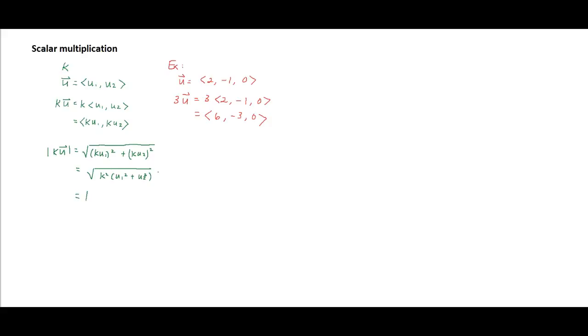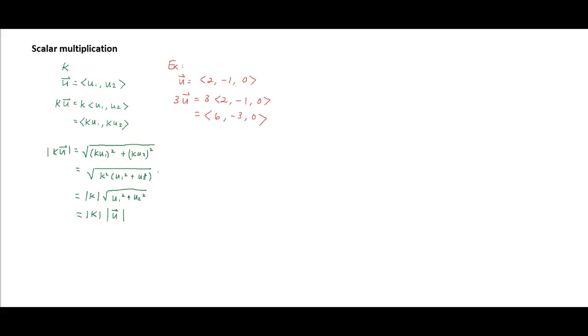Since we don't know if k is positive or negative, let me put the absolute value here. And that times the square root of u1 squared plus u2 squared. And you know what that square root expression is, and that's exactly the magnitude of the original vector u. So you get this expression.